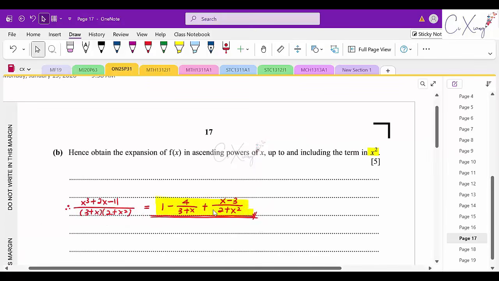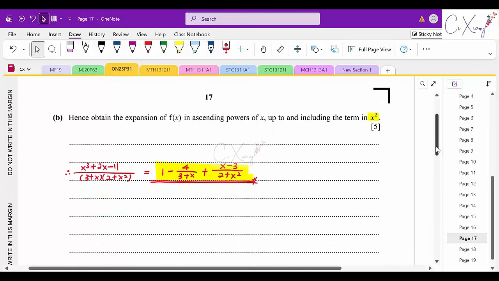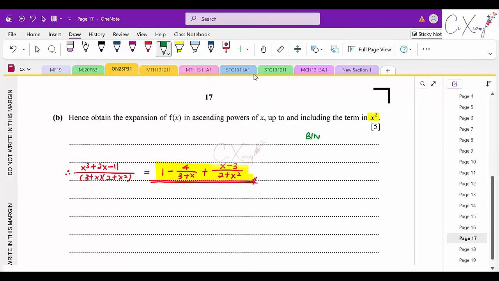They want us to make this expression into the pattern here, in ascending powers of x up to and including x squared. To get something in polynomial like x squared, this kind of question basically has to apply binomial expansion. The binomial expansion formula is provided in the formula booklet, but I will just write it again here so that it's easier for us to refer.